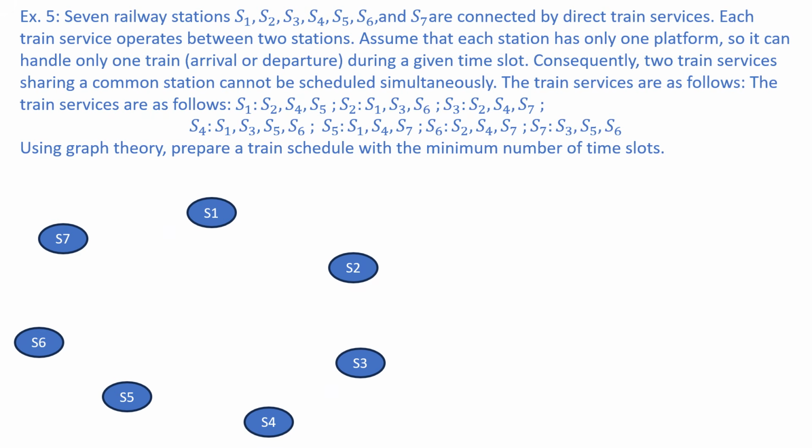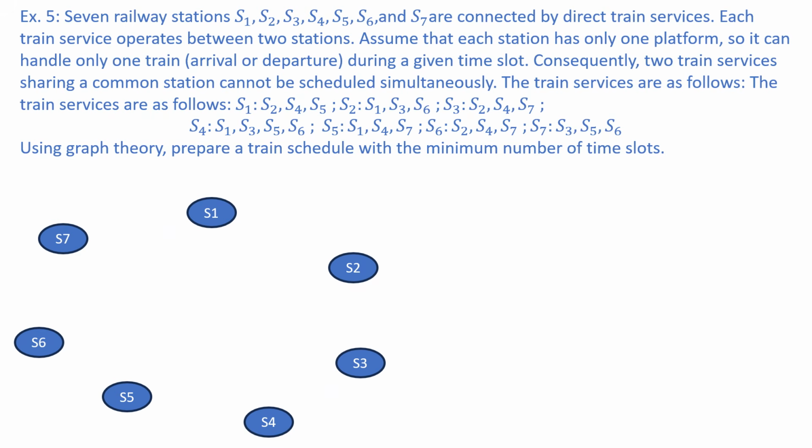Consequently, 2 train services sharing a common station cannot be scheduled simultaneously. The train services are as follows. The train services are given here: S1, S2, S3, S4, S5 to S7. Using graph theory, the train schedule with the minimum number of time slots we are going to do.